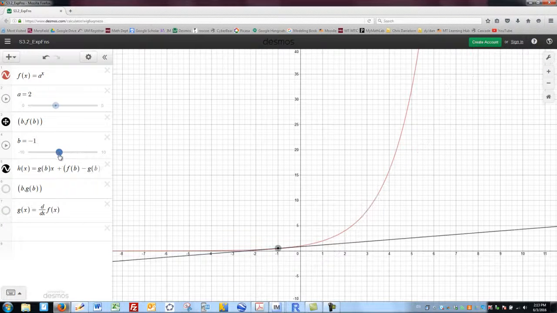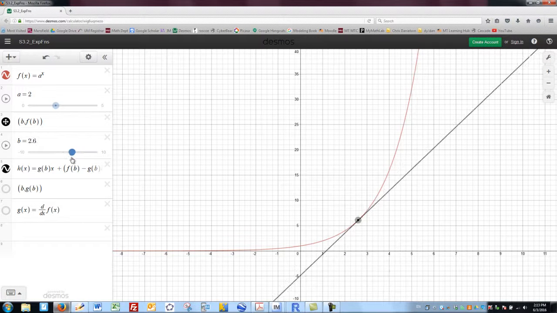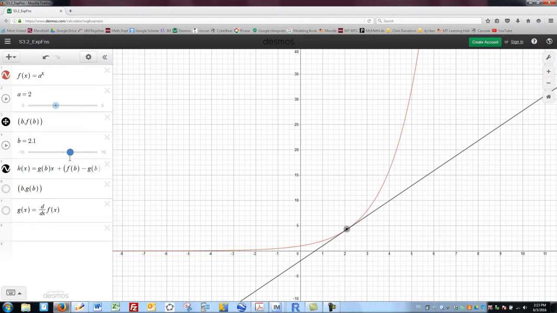I can see that the slope is positively valued, but very close to 0 when I'm back here at negative values of x. And as I move forward, it's positively valued and growing steeply, growing quickly. So it appears that it is a positive everywhere type of derivative.